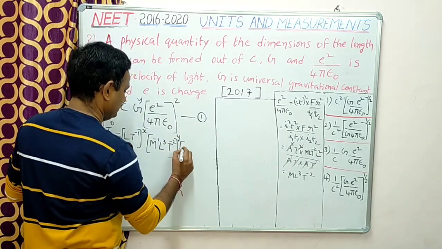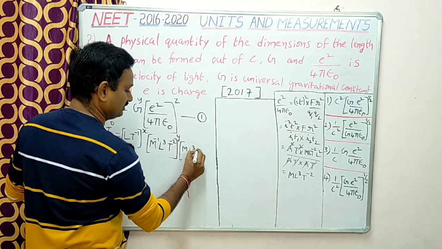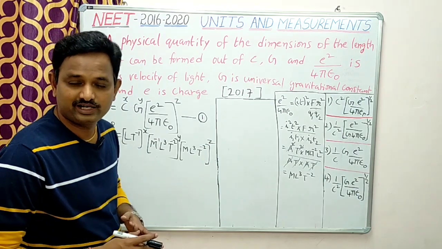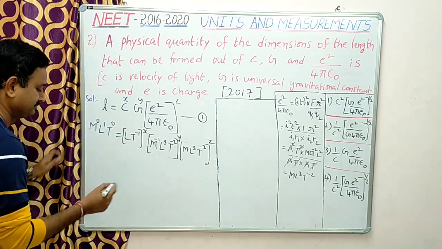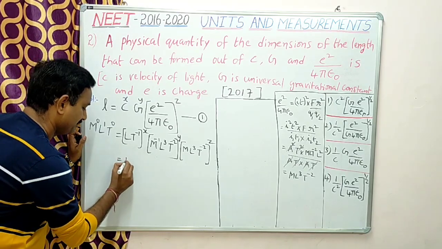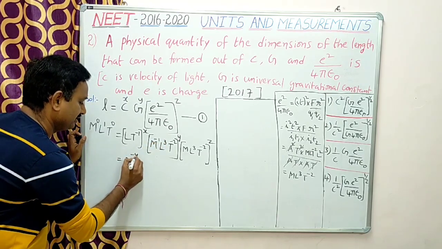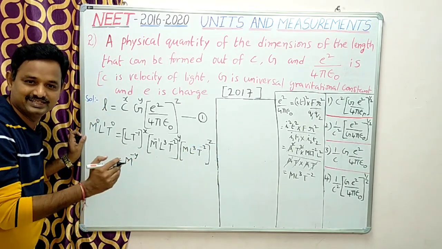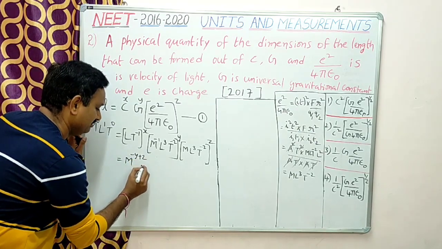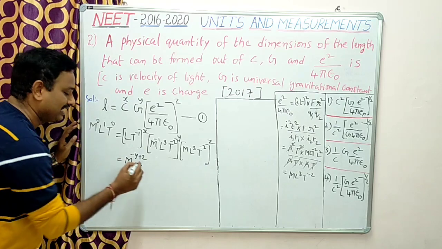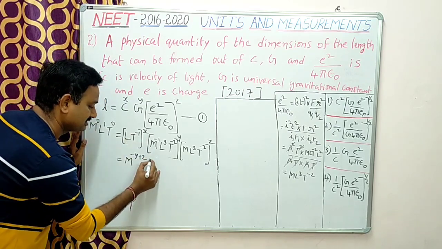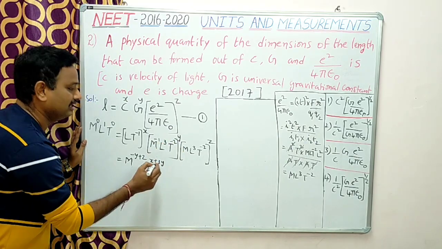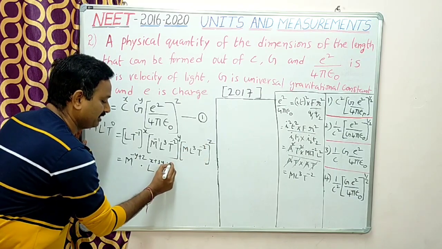Look at here, that is M L cube T power minus 2 whole power z. Now first I will write in terms of M. Look at here, that is M power minus y, here M power z, that is M power minus y plus z, into, next in terms of L, L power x, so here L power 3y, plus 3y, and here L power 3z, that is plus 3z.